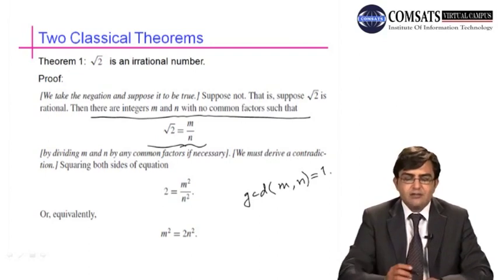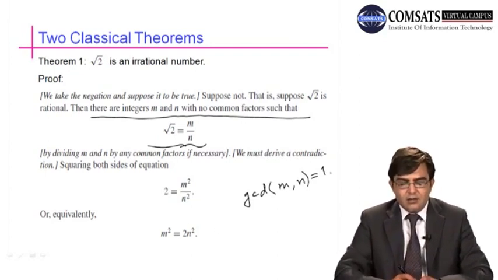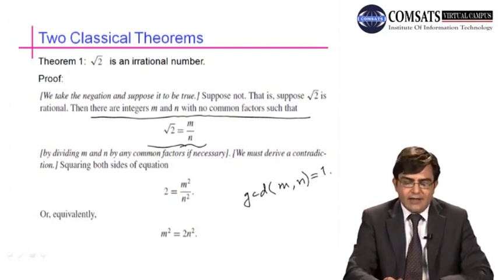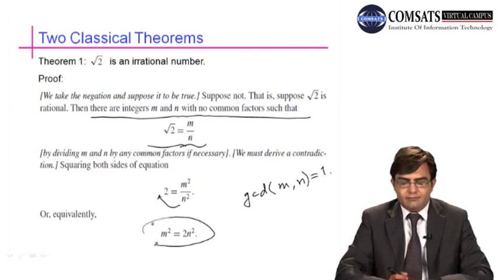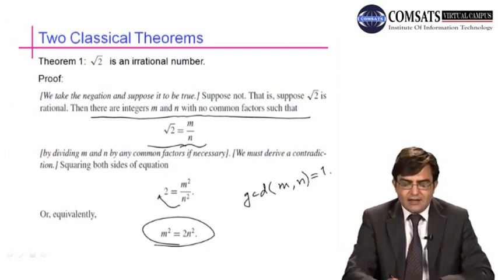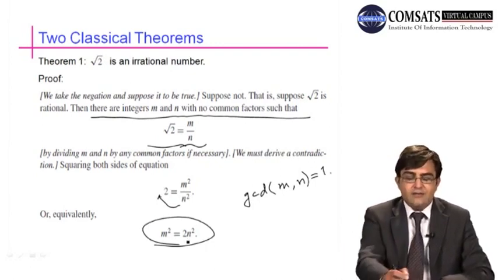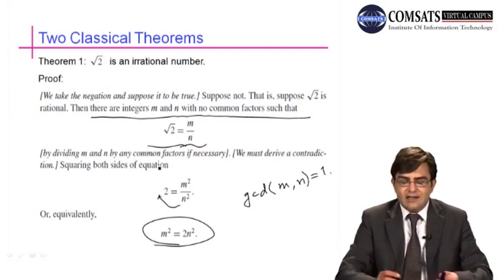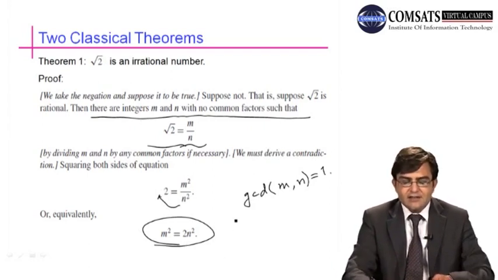We obtain 2 is equal to m square by n square, or equivalently, multiplying by n square, we can write m square is equal to 2n square. Now we have supposed here that n is an integer. If n is an integer, then n square is also an integer.